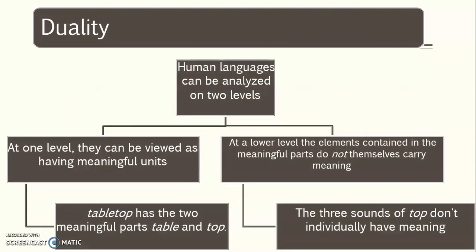The duality, human languages can be analyzed on two levels. At one level, they can be viewed as having meaningful units. So tabletop has two meaningful parts, table and top. And at a lower level, the elements contained in the meaningful parts do not themselves carry meaning. For example, the three sounds of top don't individually have meaning.